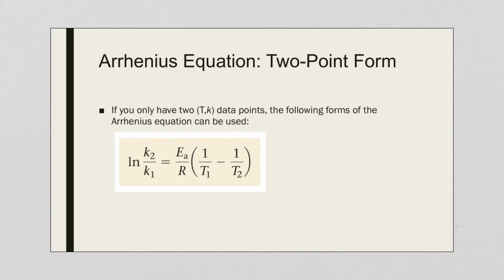And so you can go from that previous equation through a little bit of algebraic manipulation to get to this 2-point equation. And again, you don't have to memorize this equation, you just have to know what it's used for. And so we can see here we have 2 different temperatures, 2 different rate constants.